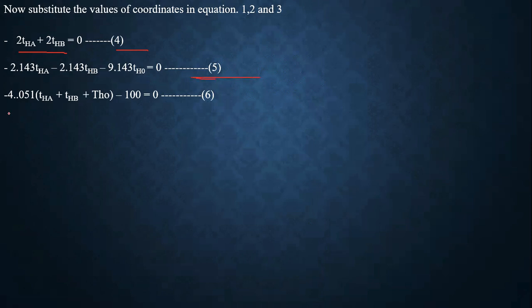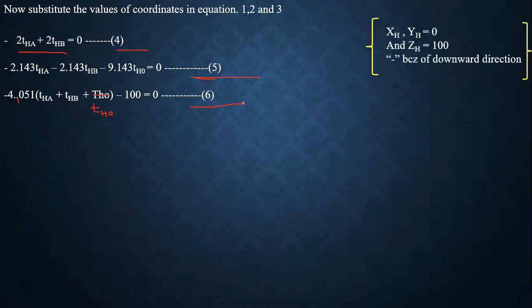For equation number 6: 4.051 bracket THA plus THB plus THO minus 100 equal to 0.